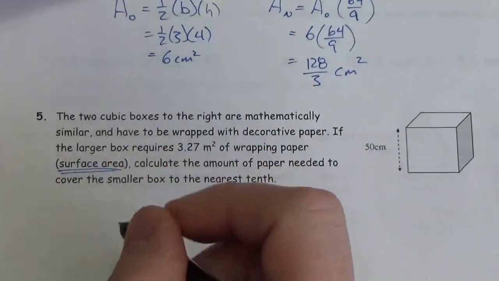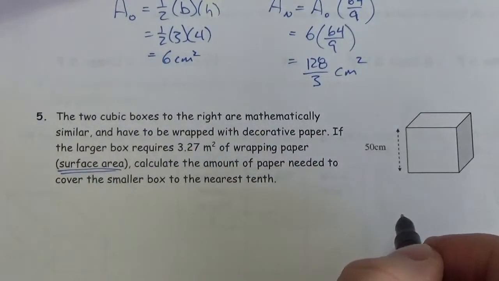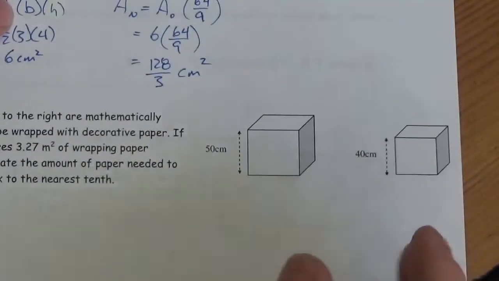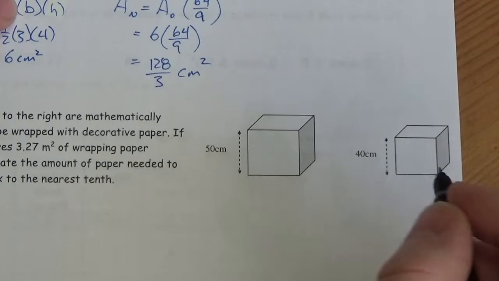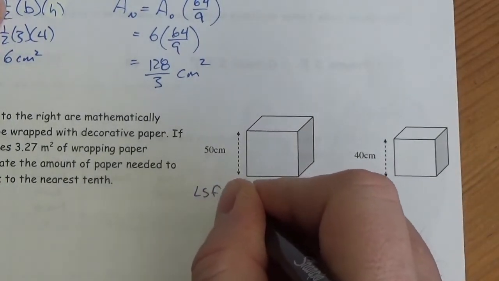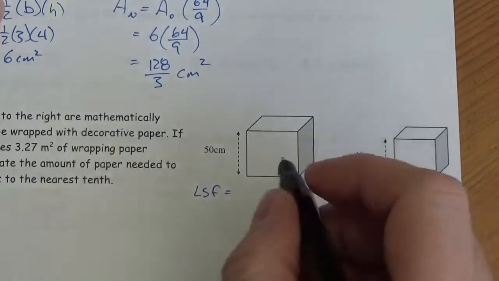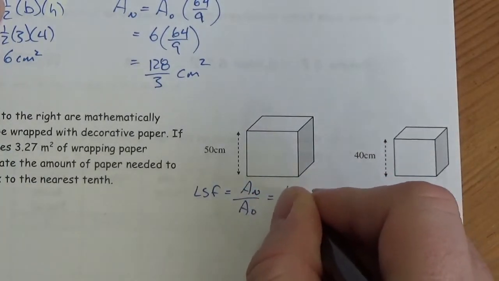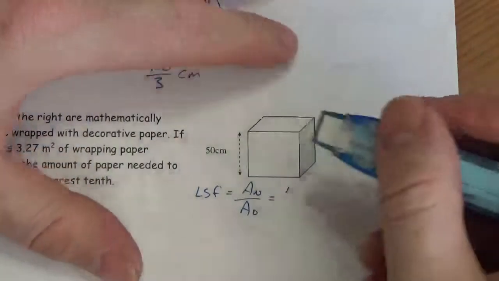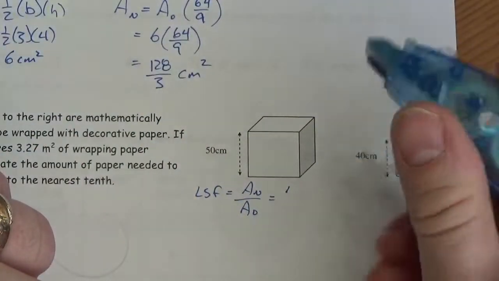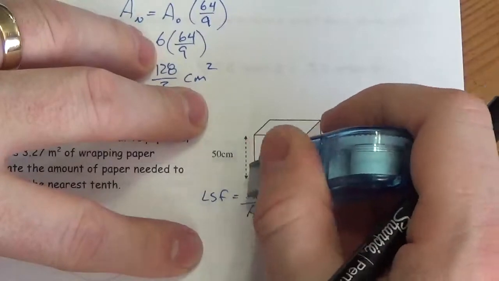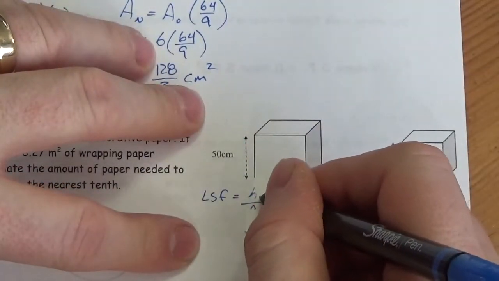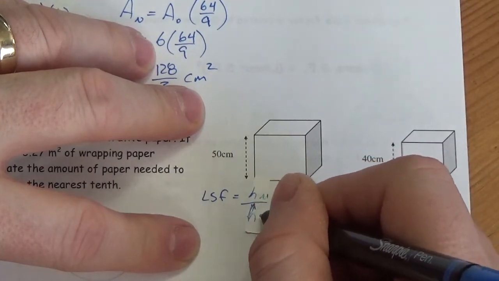Okay, well, we know the area of this one right here, so I'm going to use that in a bit. What I've got to do is figure out my area scale factor. To do that, I'm going to figure out my linear scale factor. And I'm going to use the small one as the new one, so it's going to be the height of the new divided by the height of the old.